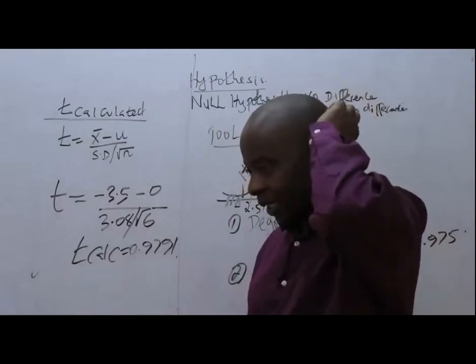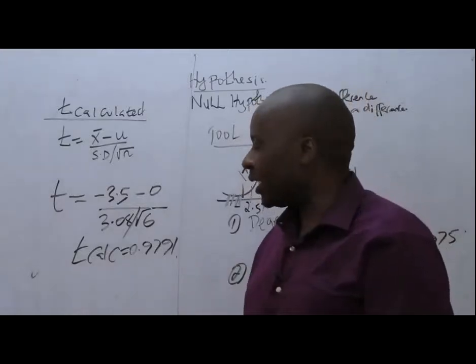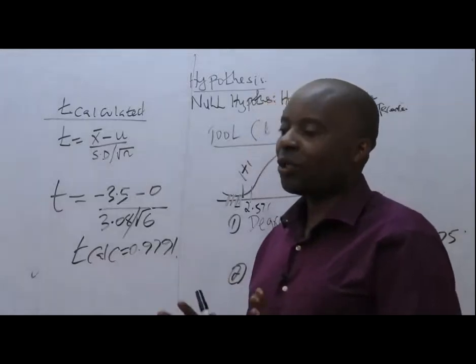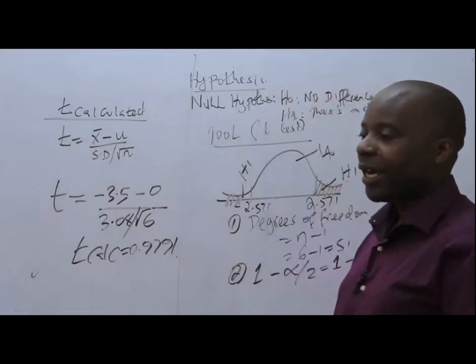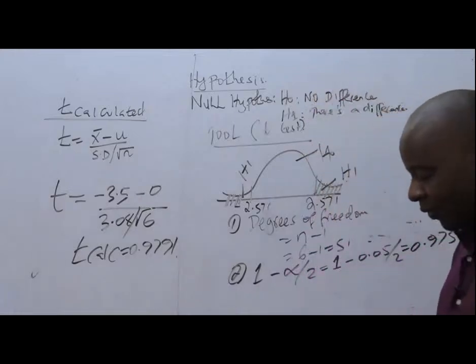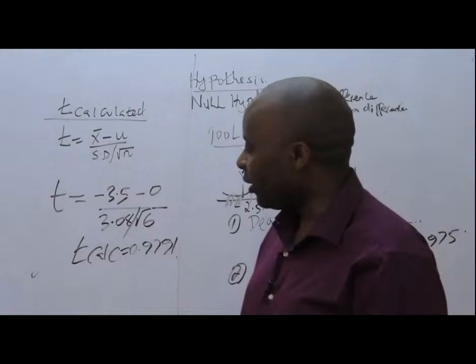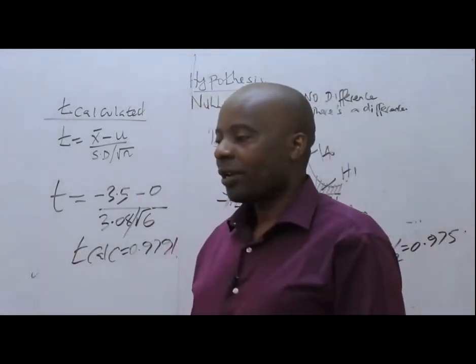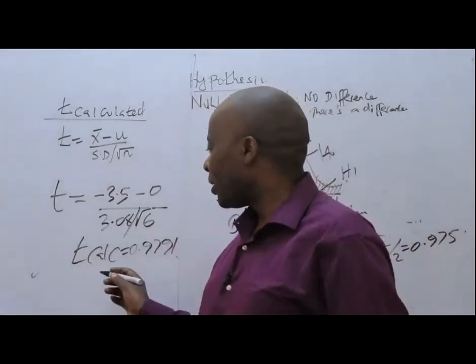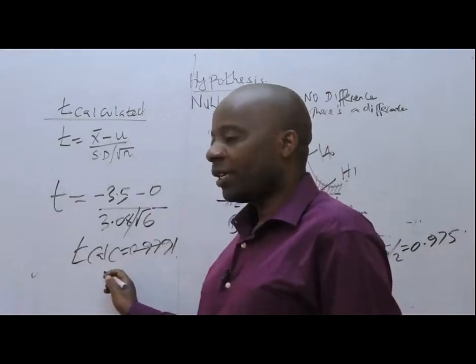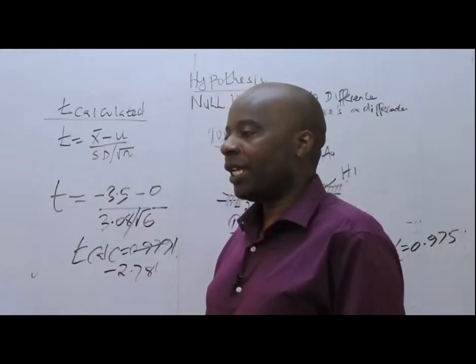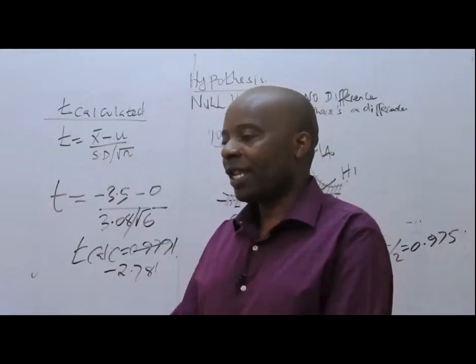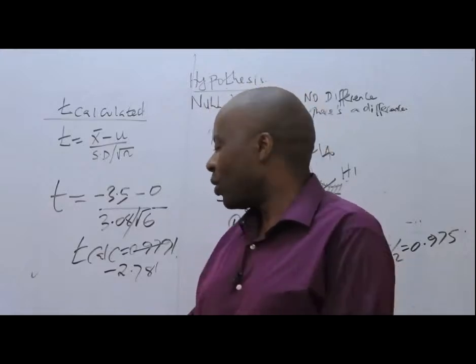According to some, T calculated is supposed to be 2.783. So I'll not say whether it's right or wrong. I would really wait for other students here to give us an answer. Check this again: minus 2.781, or 2.784.